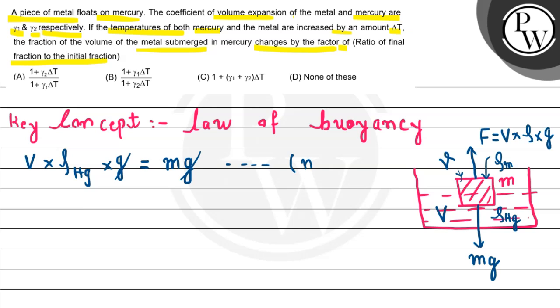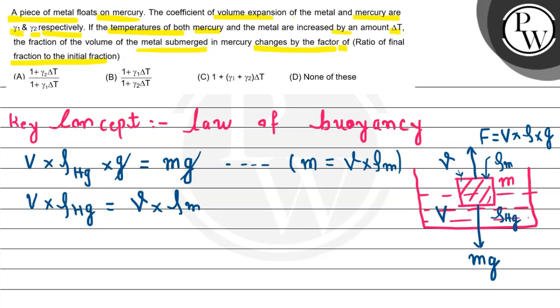While it is known to us, mass is given by volume into density, but here the volume will be for the metal piece and the density will also be for the metal piece, right? Now we can substitute this here. We get V into rho Hg equals small v into rho m.